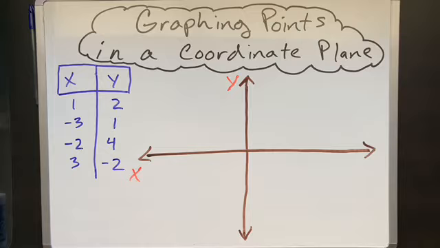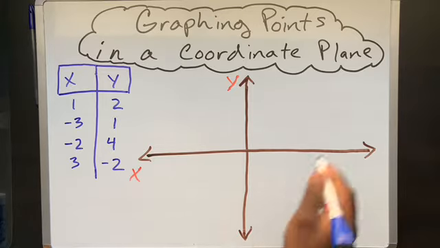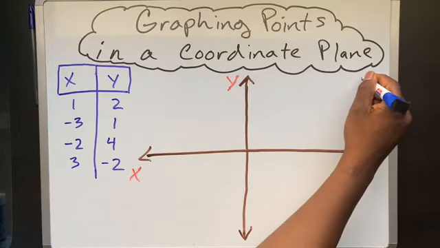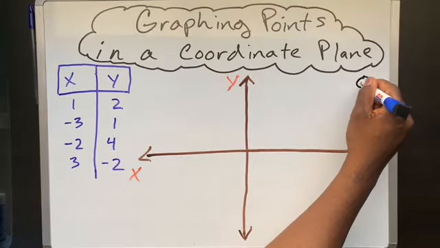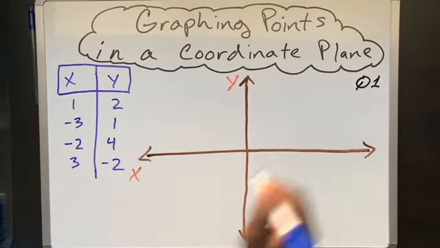Now, we've identified the x-axis and the y-axis. Let's also go over, identify the quadrants. So you have 4 quadrants that you're looking at here, okay? And the first quadrant that we have, this is quadrant 1. So I'm just going to write Q1 for quadrant 1.